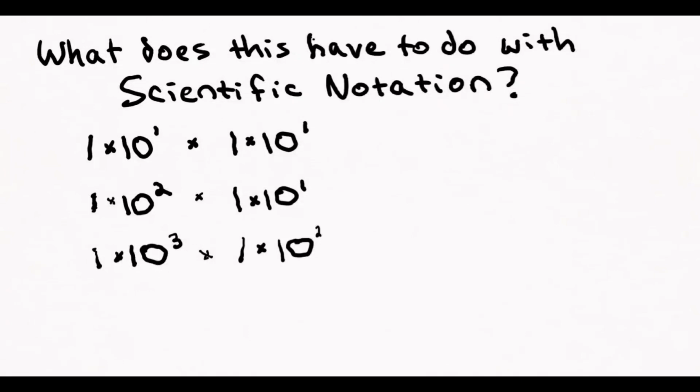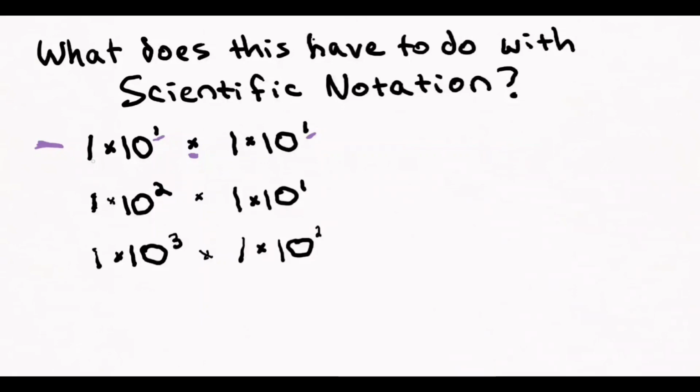So what does this have to do with scientific notation? So we have, let's say we're multiplying, start this top row first. Let's say we're multiplying 1 times 10 to the power of 1 by 1 times 10 to the power of 1. So it's the exact same thing. Just because it looks fancier doesn't mean that it's going to be any harder.